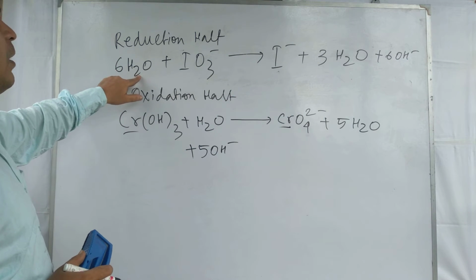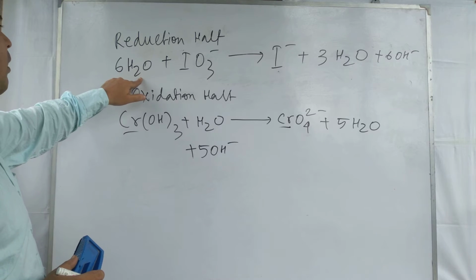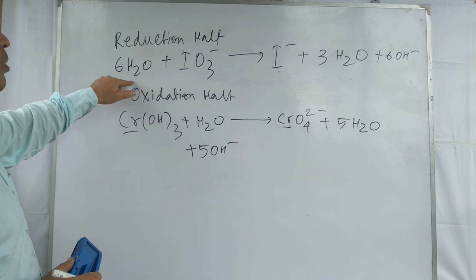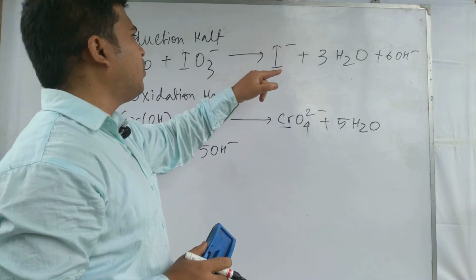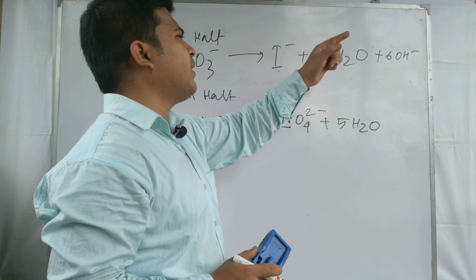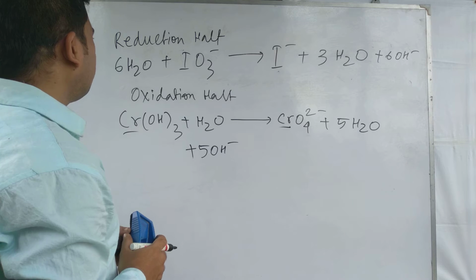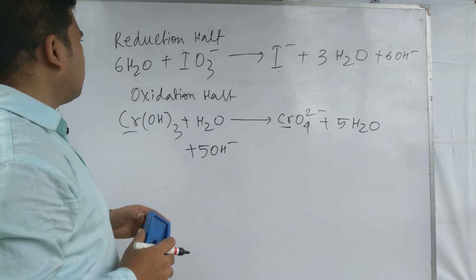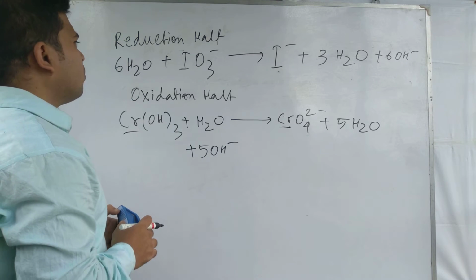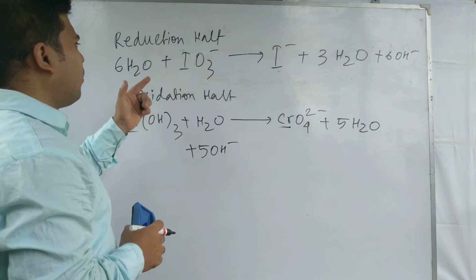So we are adding 6 H2O here for removing the deficiency of 6 hydrogen, and on the opposite side we write 6 OH minus.